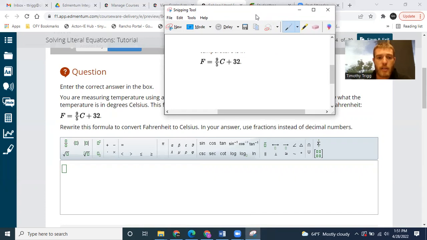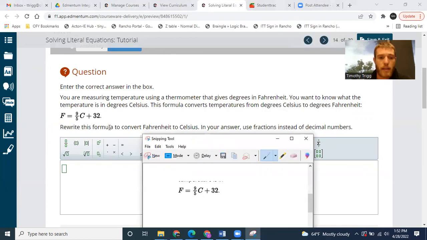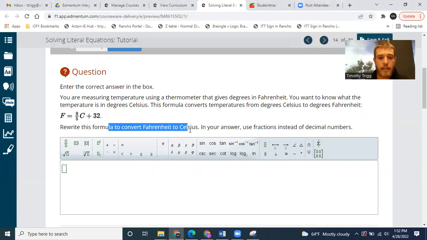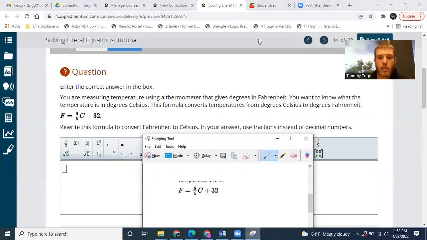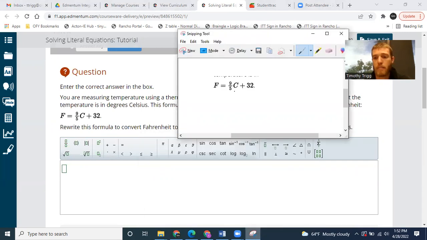Now, notice what they're asking here. It says rewrite the formula to convert Fahrenheit to Celsius. Okay, and it says use fractions instead of decimal numbers. Okay, that's fine. So we want to change this function here, and we basically want to solve for C. Solve for C. So I want to get C by itself.